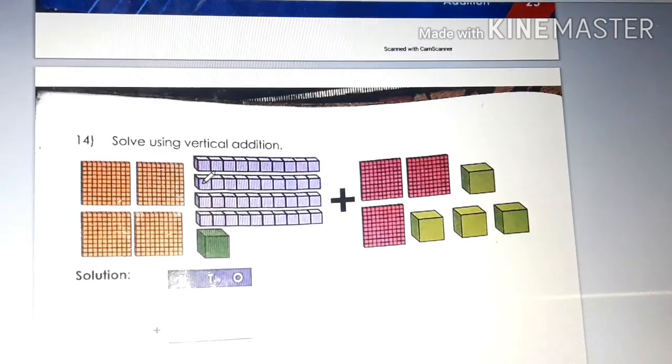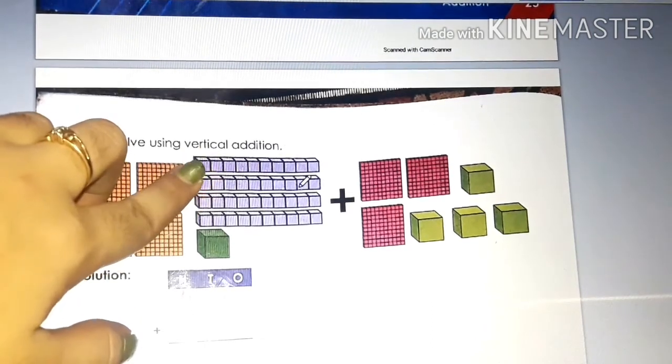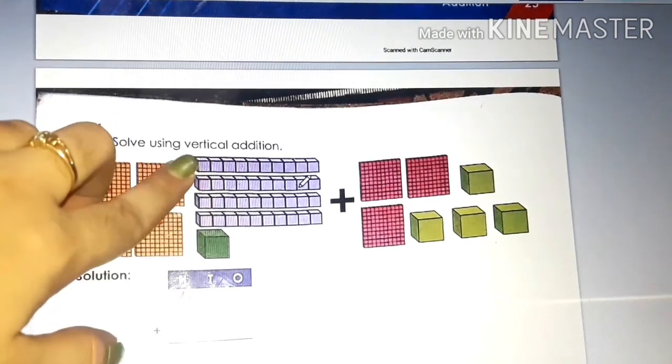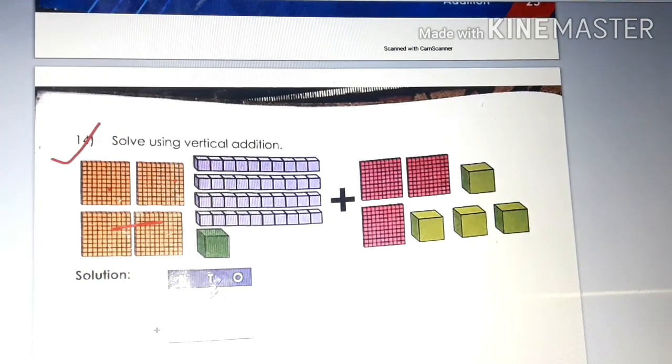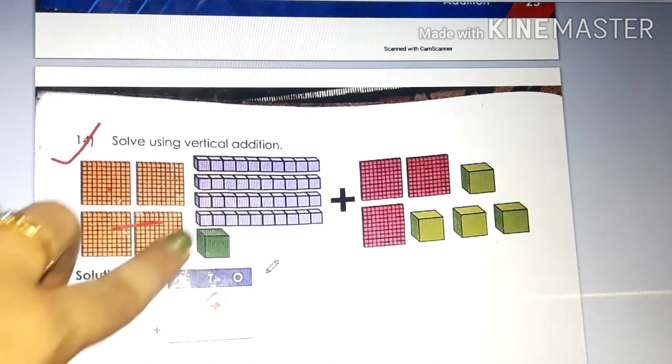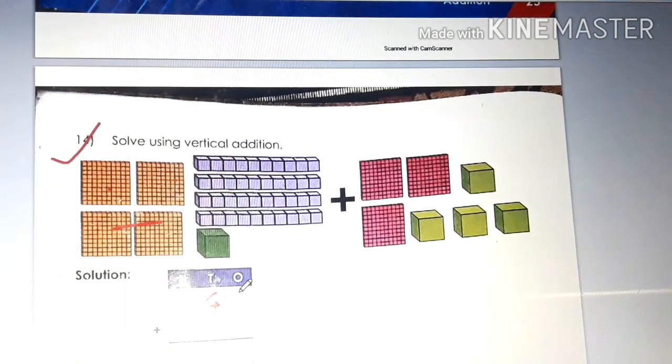And you can also try this. As we know, this yellow box shows 100, isn't it? So how many yellow boxes are here? 4. So what will come here in the hundreds place? 4. This purple color shows your tens place. How many are there? 4. Then there is 1 cube in the ones place.